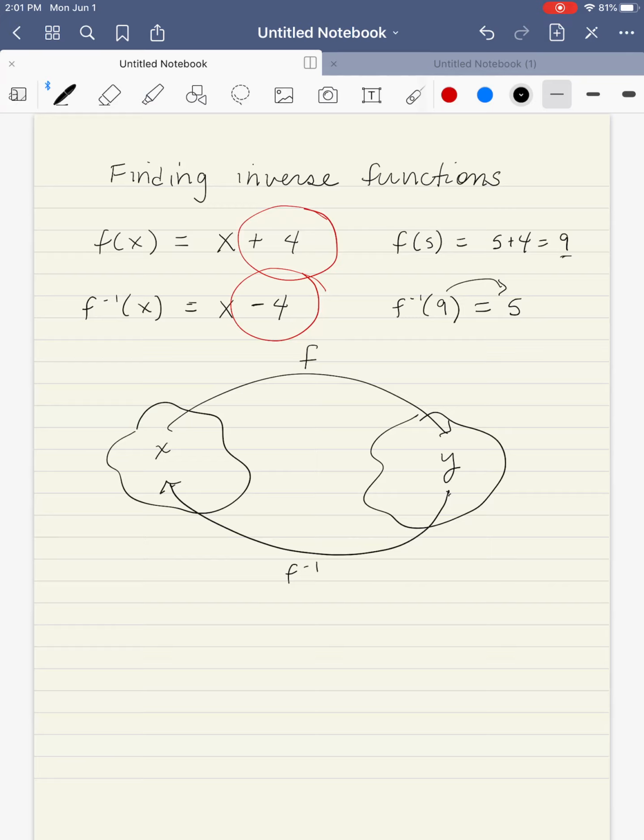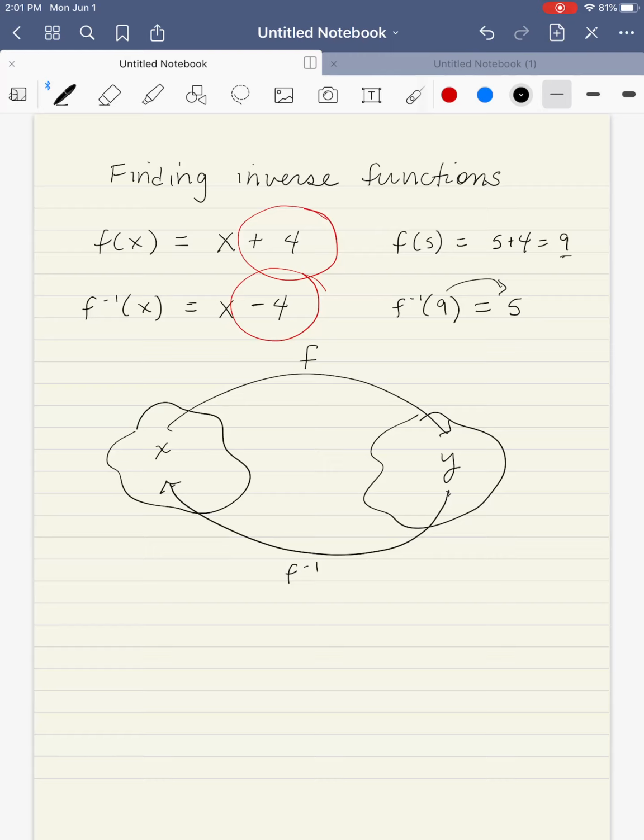The inverse of the square root is squaring. The inverse of cubing is the cube root. So we have an intuitive idea of inverse operations, operations that undo what a previous operation did.